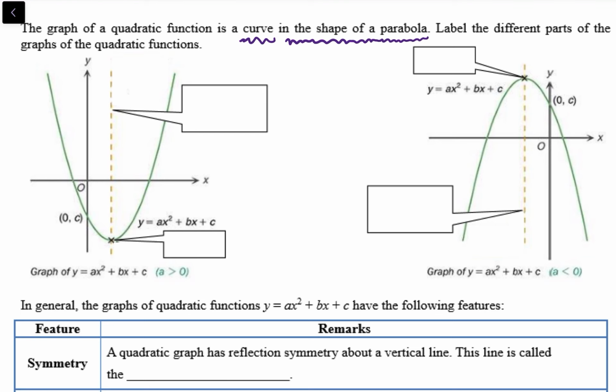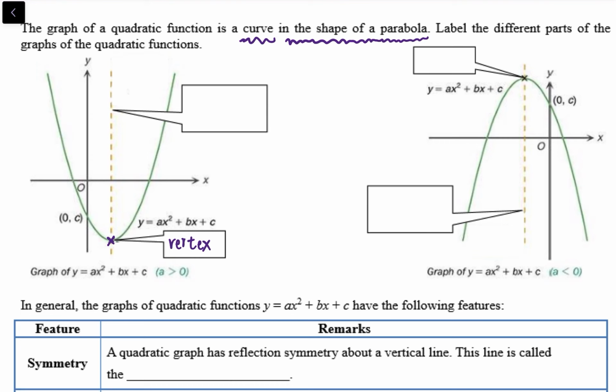So first of all, we have the graph on the left, and you can see the U shape. The very bottom point, this point here, is called the vertex, V-E-R-T-E-X, and it's a point. As you can see, the dotted line cuts the graph into two equal parts.